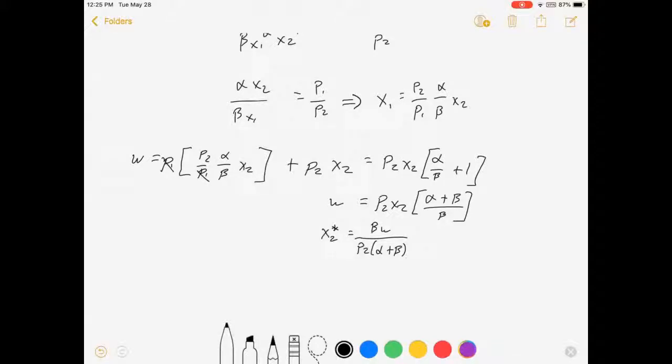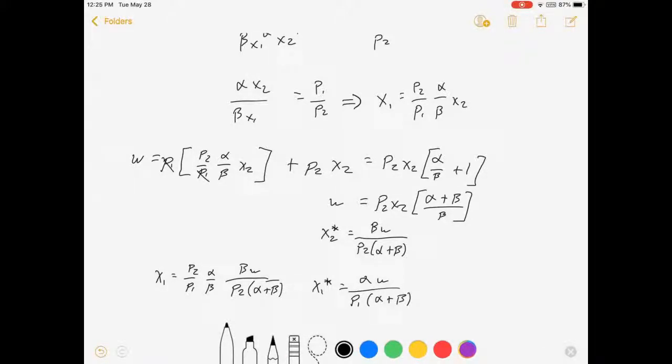Now, I can substitute this into our ratio for x1, which is p2 over p1 alpha over beta times x2, but we have something else for x2 now, so times beta W over p2 alpha plus beta. So x1 star is going to equal alpha W over p1 alpha plus beta. And there you have it.